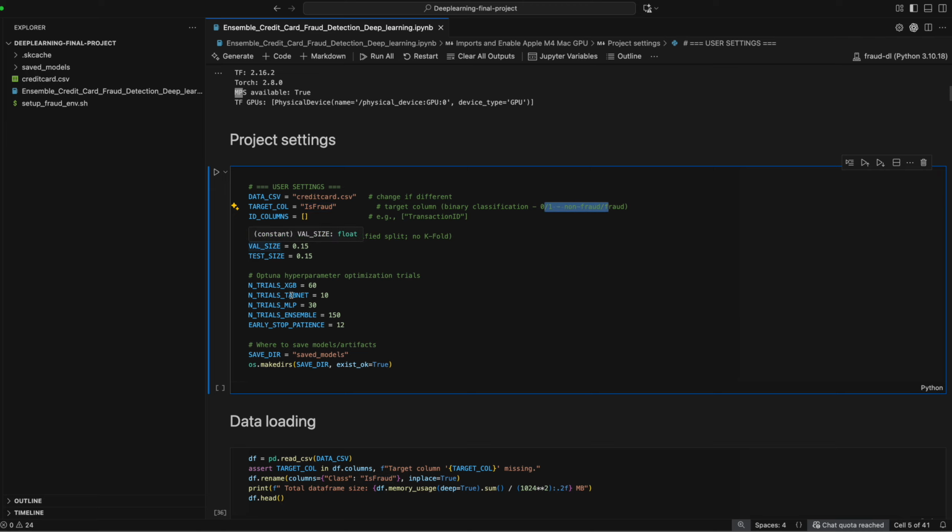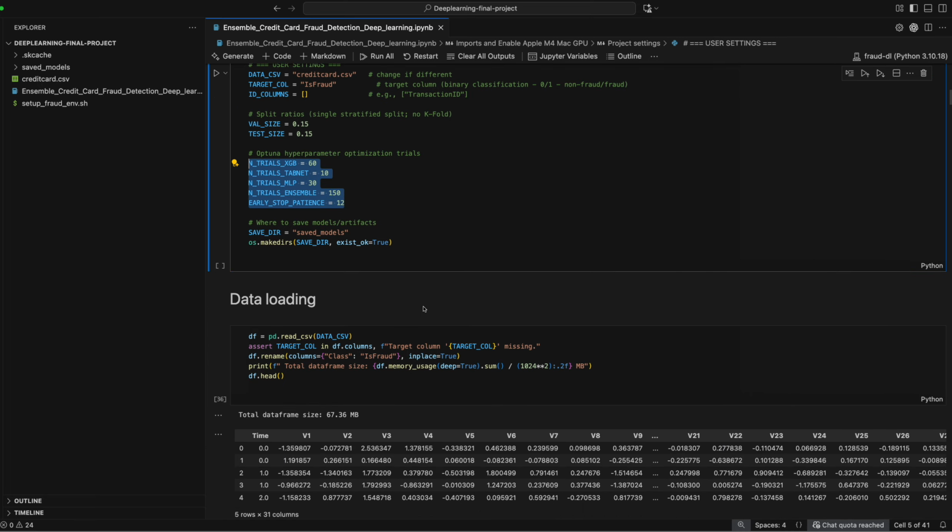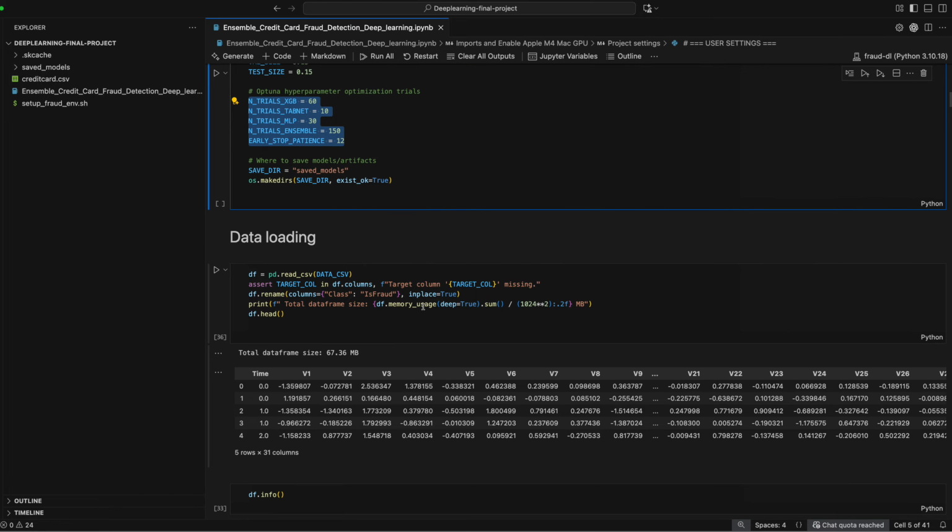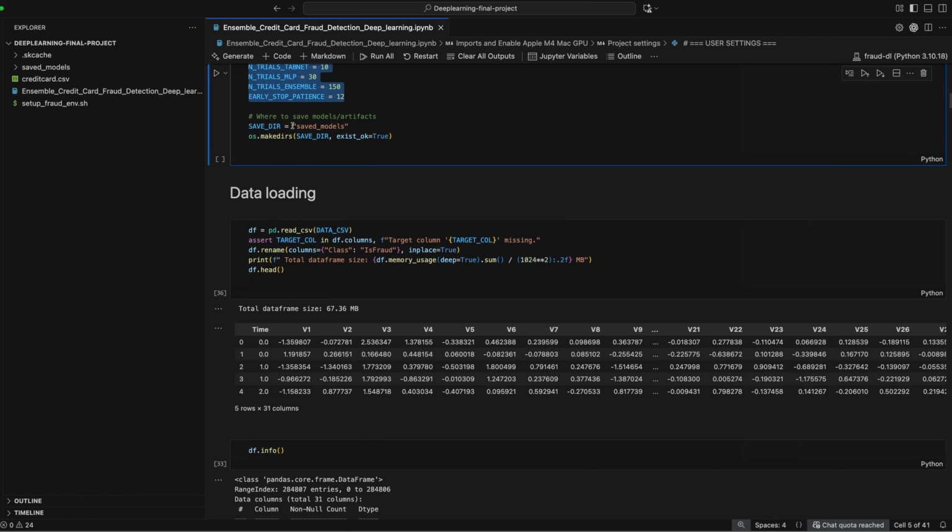And these are the trials that we are going to go through for all of these three models, and then the ensemble one, right? And then early stop patience. These are the parameters that I'm going to walk you through as we go down into the other cells. At the end of this, we are going to save our model into this particular folder so that it can be reused later.